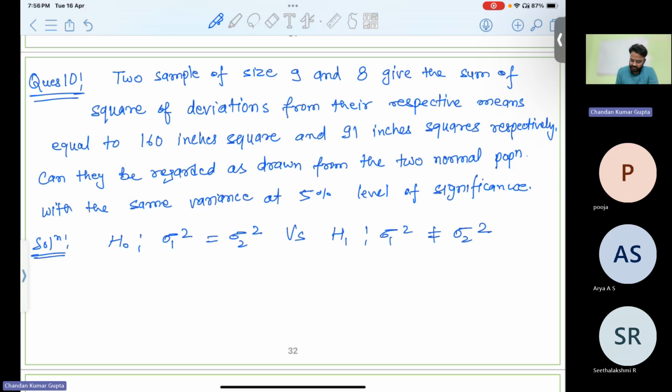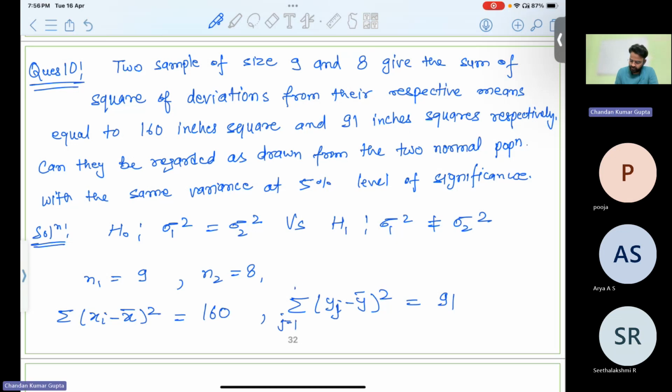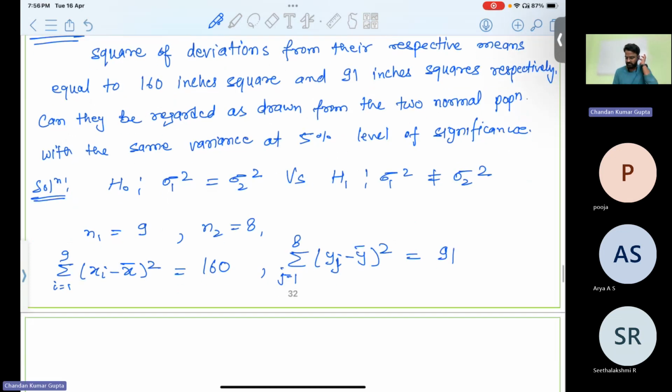We are given n1 equal to 9, n2 equal to 8, and the sums of squares of deviation from their respective means: summation of xi minus x bar whole square, i from 1 to 9, is 160, and summation of yj minus y bar whole square, j from 1 to 8, is 91. So these are clear.